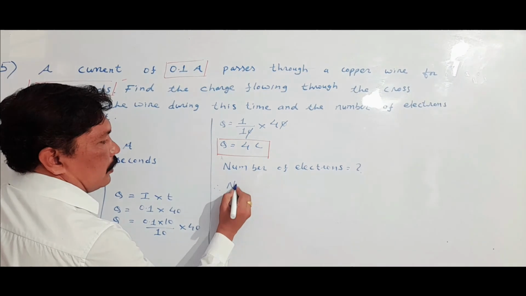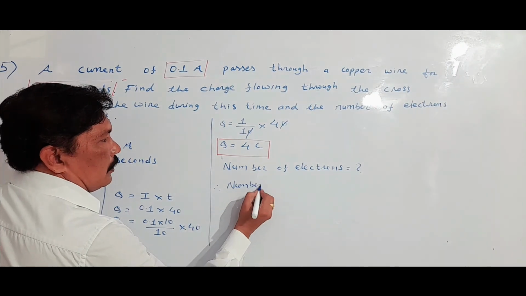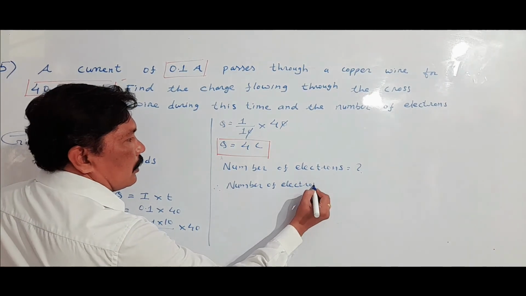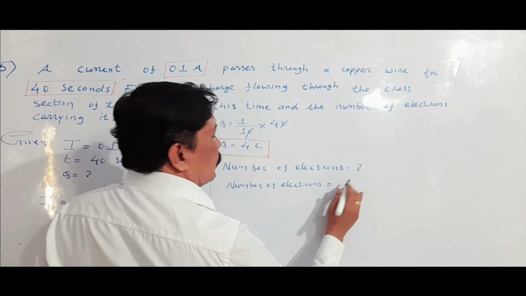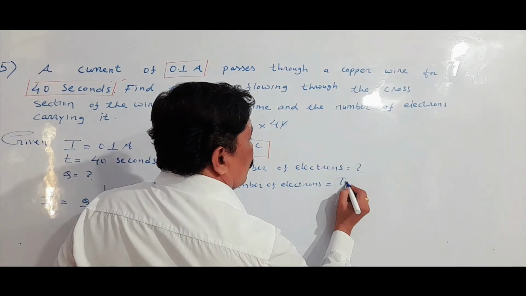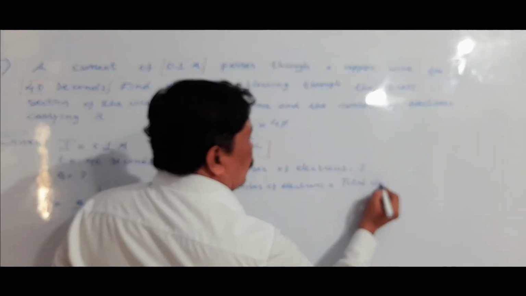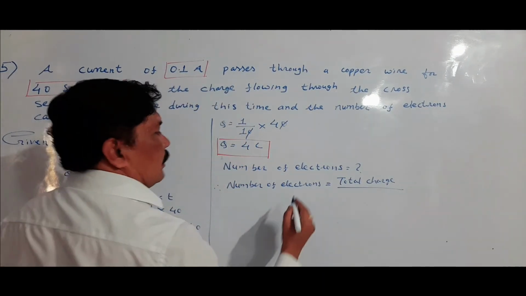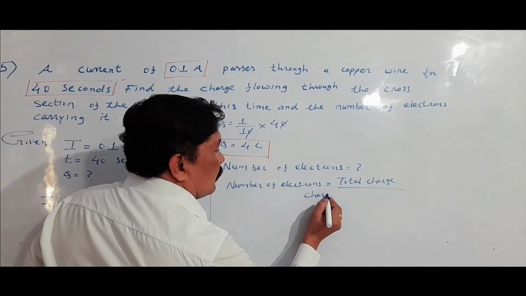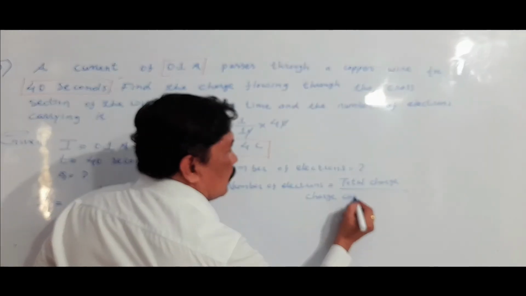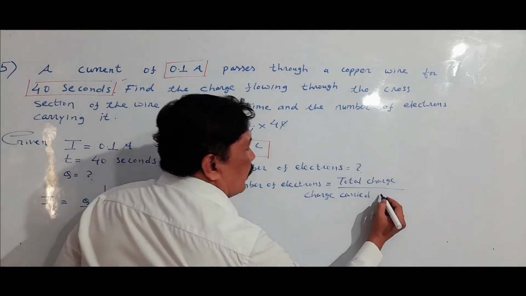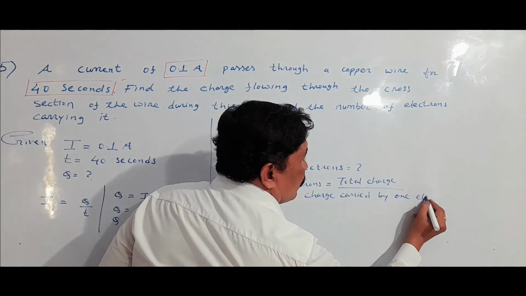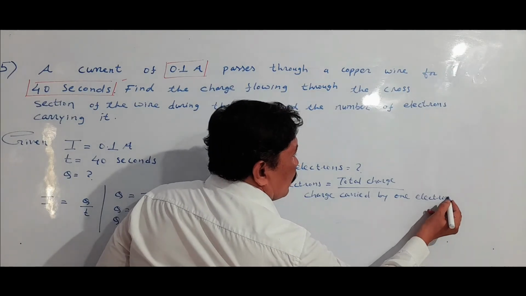Therefore, number of electrons is equal to total charge divided by charge carried by 1 electron.